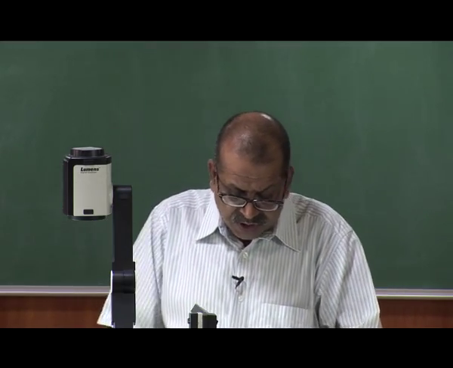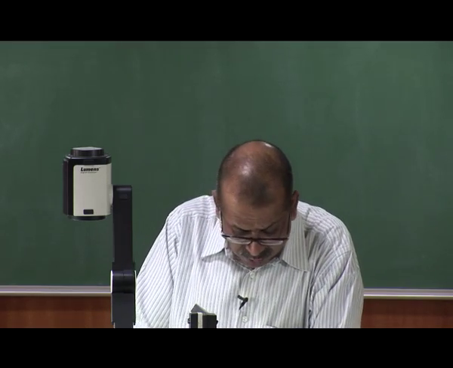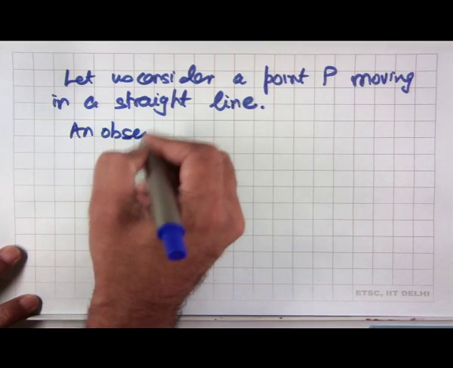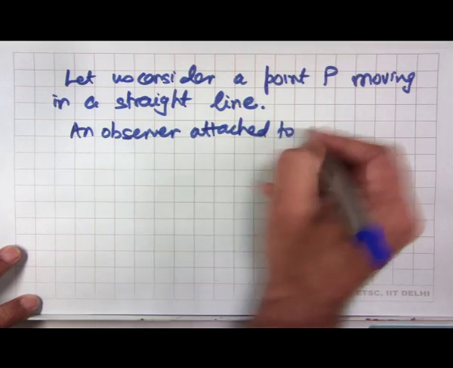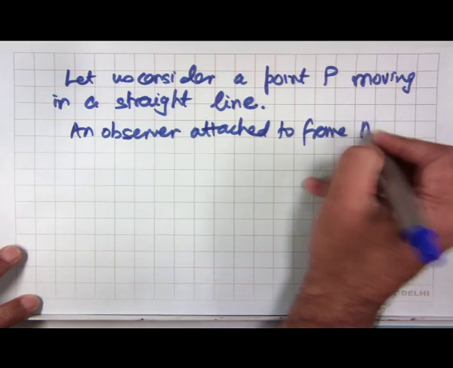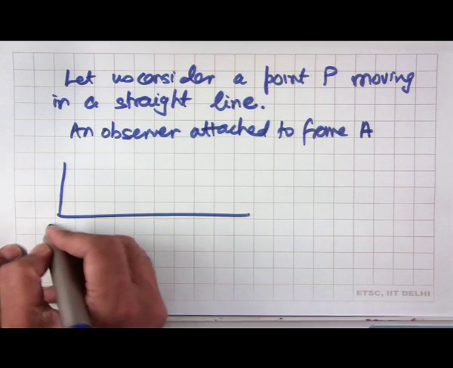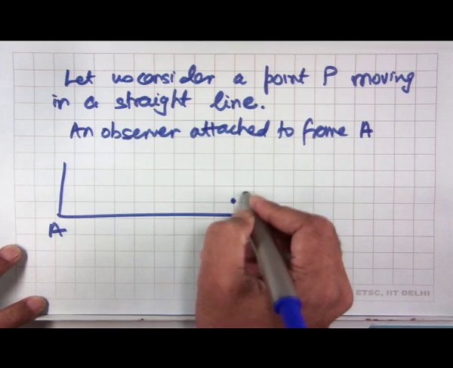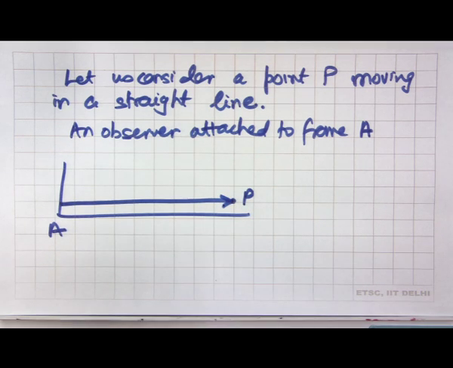So, here we are considering motion of a point P along a straight line. Now we have an observer attached to frame A, so that means we have a reference frame A, from where this observer is considering the movement of point P.